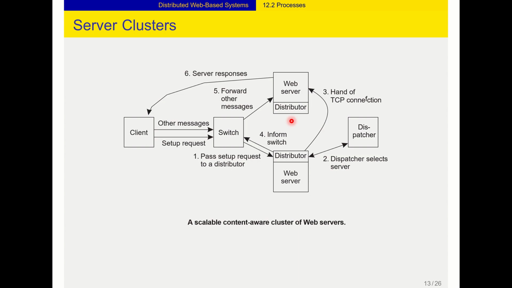So now, after inspection, the connection state is transferred to the chosen web server, and the switch now forwards all future packets to that server. So this one is only for the established connection to decide which web server will handle the request, and for the future communication, the switch will forward other messages to the web server, and the server will directly respond to the client.